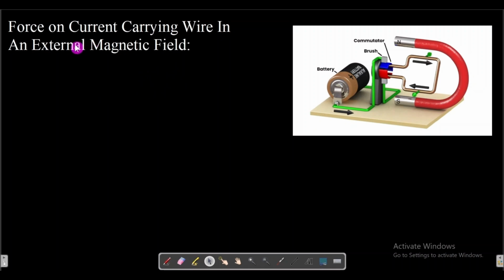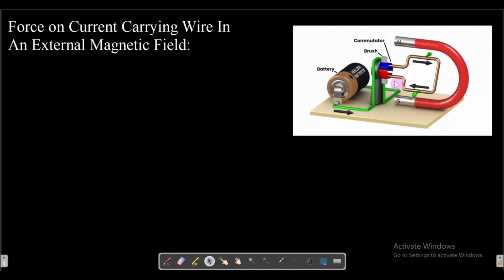Today in this lecture, we will learn how force is exerted on a current carrying wire when we place that wire in an external magnetic field. Here in this diagram, we have a horseshoe magnet, and this horseshoe magnet will produce a magnetic field. Inside the magnetic field of this horseshoe magnet, we put the conductor, and we connect that conductor with the battery.